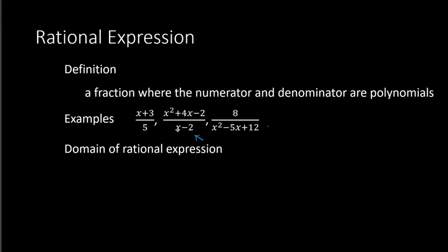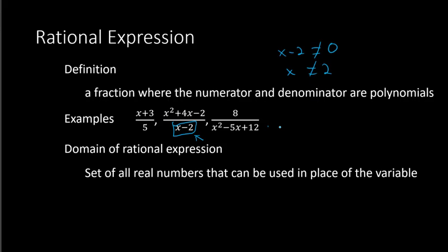We are limited because this denominator cannot equal 0. So x minus 2 cannot equal 0. We solve this for x by adding 2 to both sides, so x cannot equal 2. In that case, the domain is limited to any number except 2.